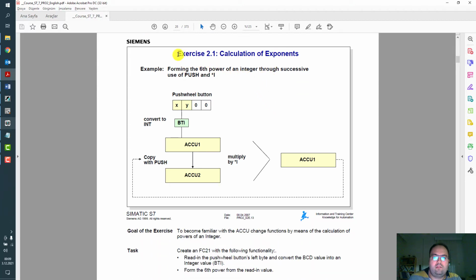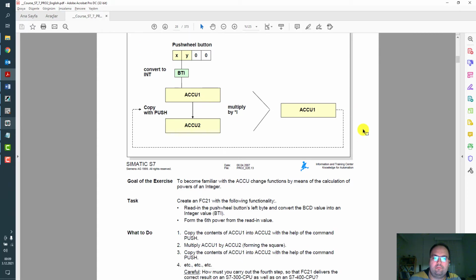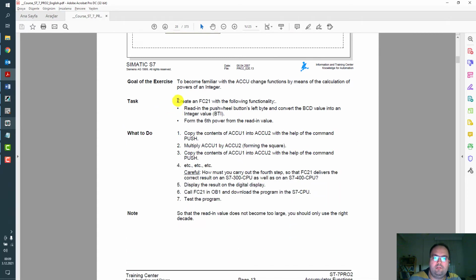And an exercise for you: calculation of exponents. Form the 6th power of an integer. Use push and multiply integer. This is the task and what you should do step by step.